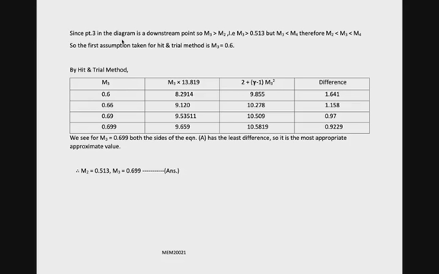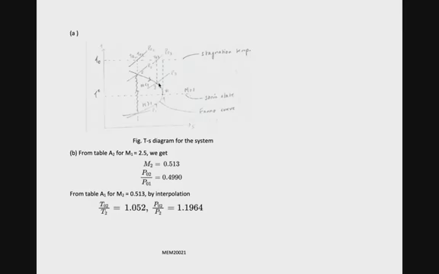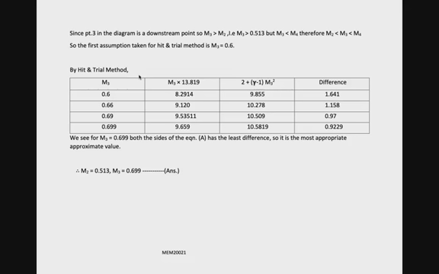Since point 3 in the diagram is more downstream than point 2, M3 will be greater than M2.